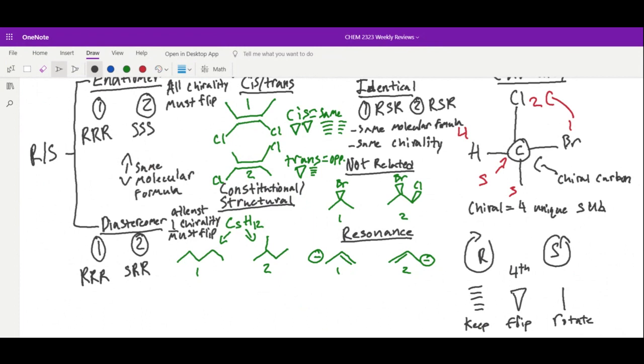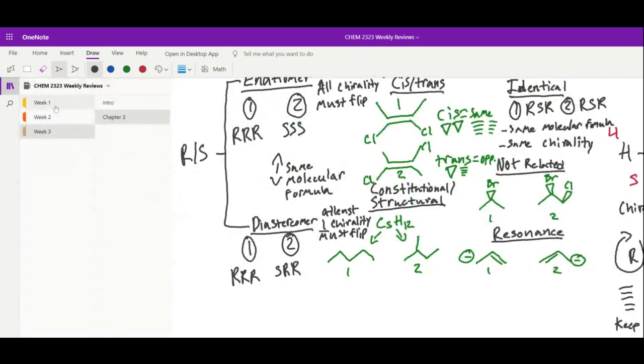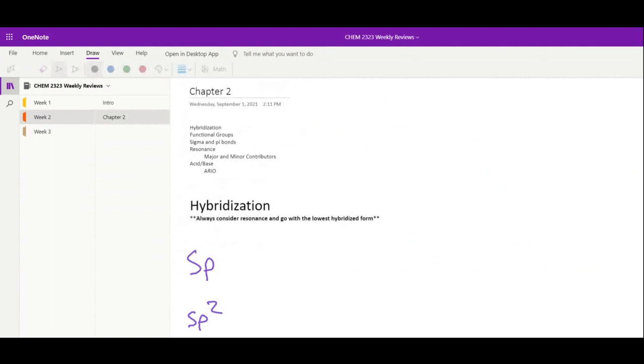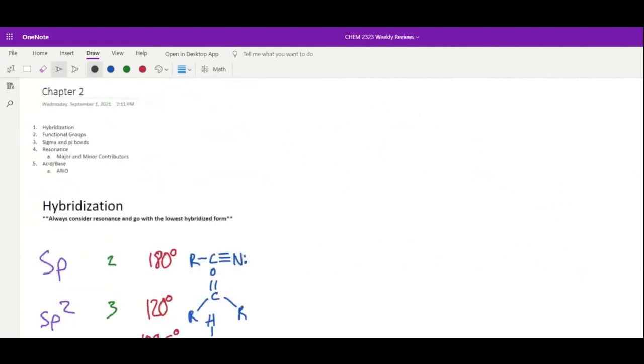But for now, I would recommend maybe going back to one of the older weekly review peer tutoring videos or another video on YouTube, or just look at the lecture notes. They do give you the values, so that should hopefully be somewhat easy. But definitely review functional groups, which I discussed last week, because that will definitely be important.